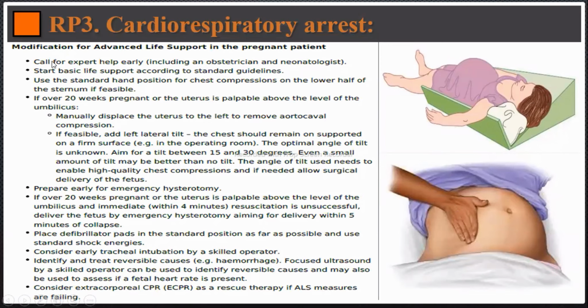Because it can be options in the exam. Call for expert help early, start basic life support according to standard guidelines. You will follow the same arrest algorithm and use the standard hand position for chest compression on the lower half of the sternum if feasible.